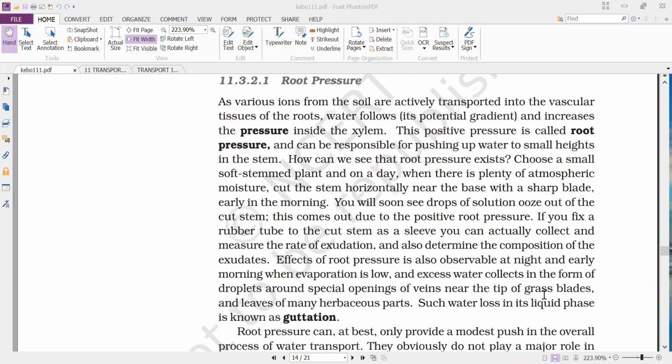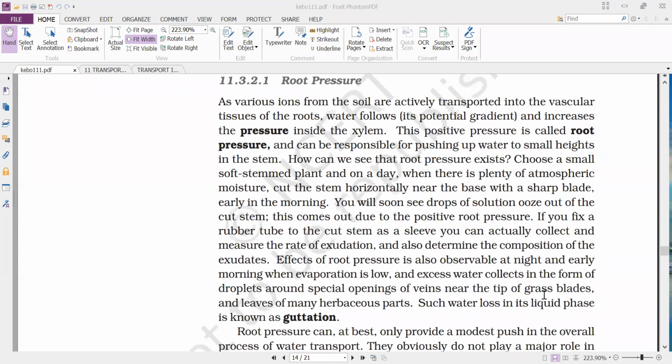If the moisture content in the atmosphere is low, water will be lost through the openings present in the leaves by a process called transpiration. But when the moisture content is high, transpiration cannot occur. So as a result, what happens?